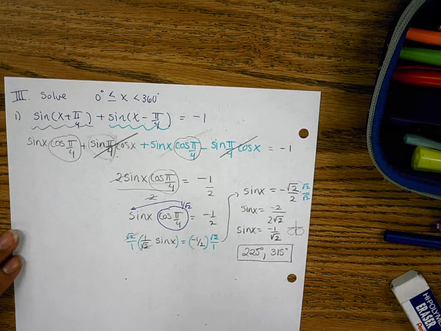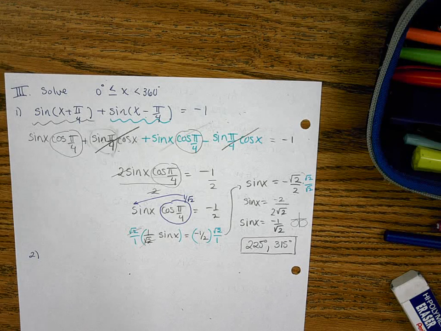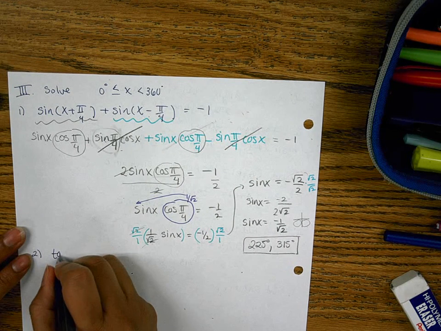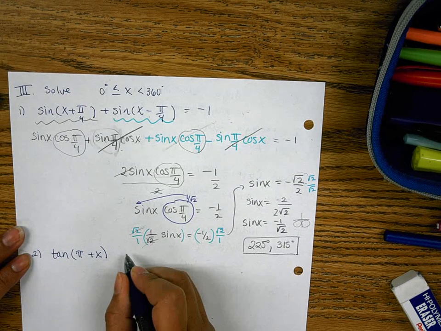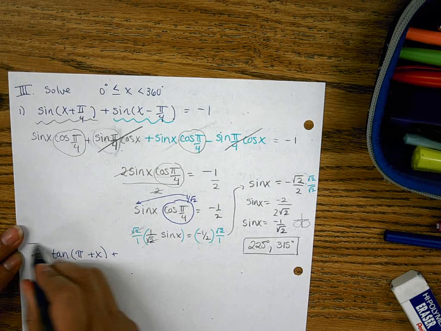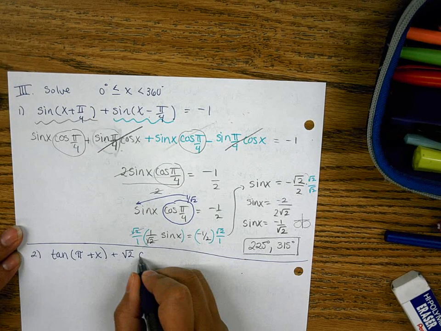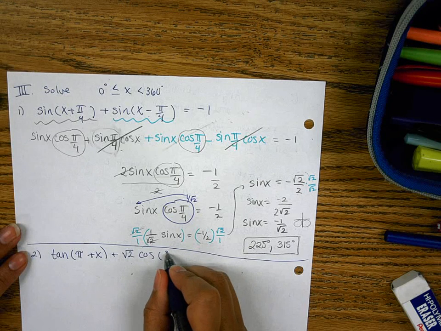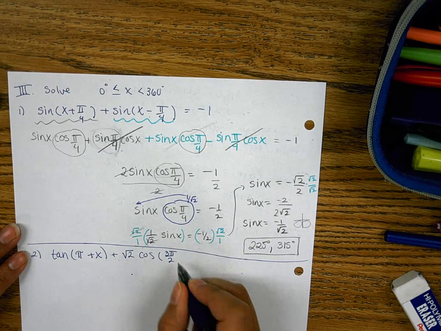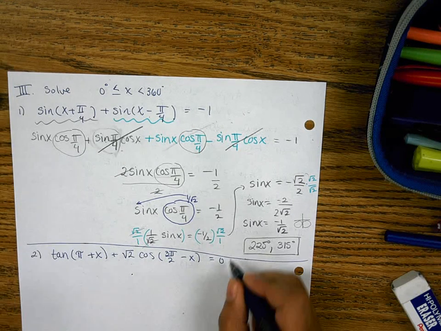All right, number 2. Tangent of pi plus x, plus root 2 cosine of 3 pi over 2 minus x, close parentheses, equals 0.